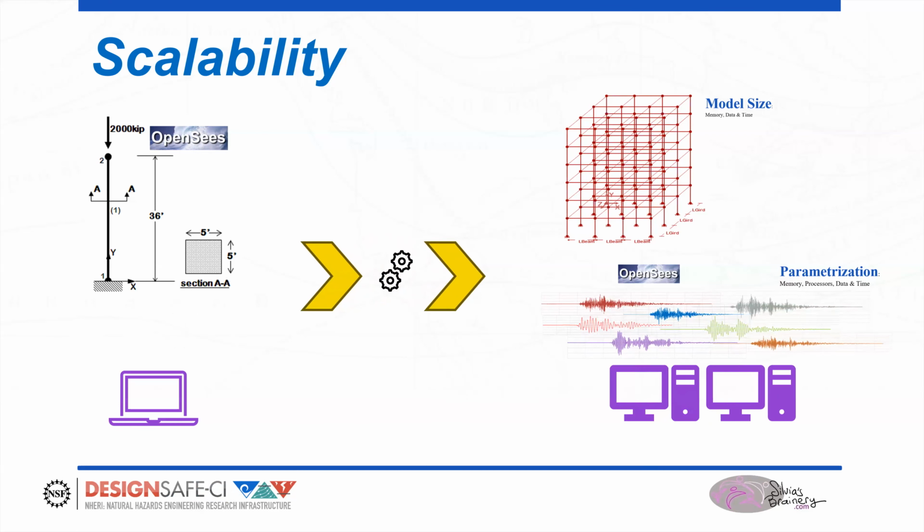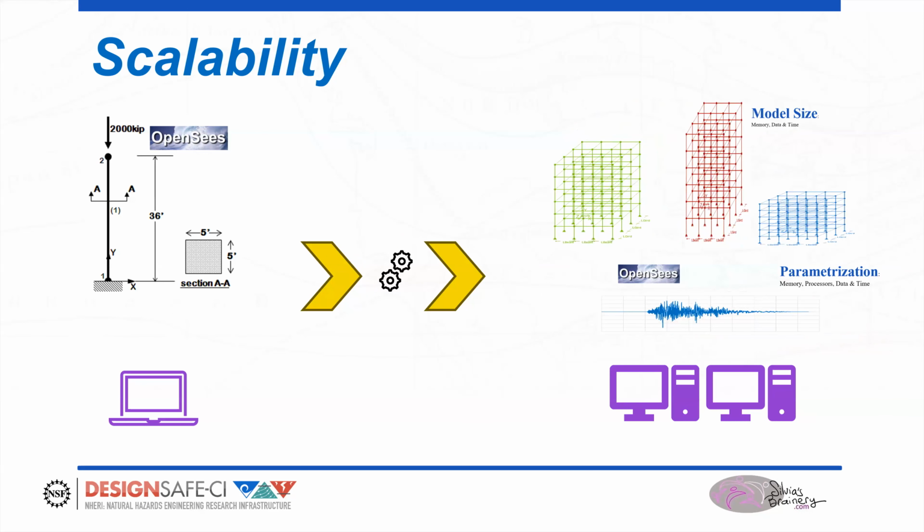And now what if we start bringing in not just model size, but parameterization, right? Now we've got many more analyses that we need to run, maybe on a single model. So now we may need to go to maybe 2 computers, 2 desktops, which is something doable. Or you can do parameterization on your model. So maybe you have one ground motion and many different variables in your structure, maybe the number of stories, different material properties.